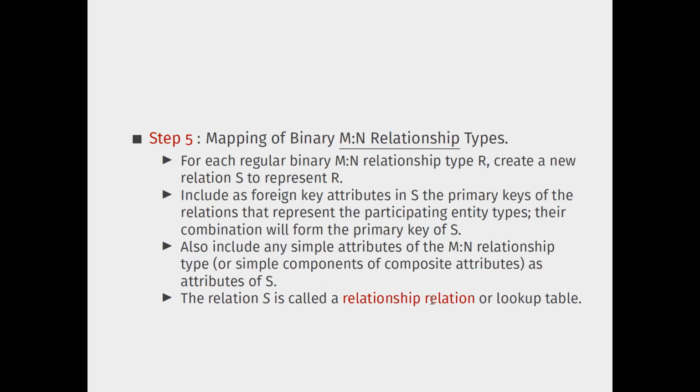Many-to-many relationships: we cannot accommodate a many-to-many relationship, so we separate it out. We have to create a separate entity, or in this case relation, to represent the many-to-many relationship.